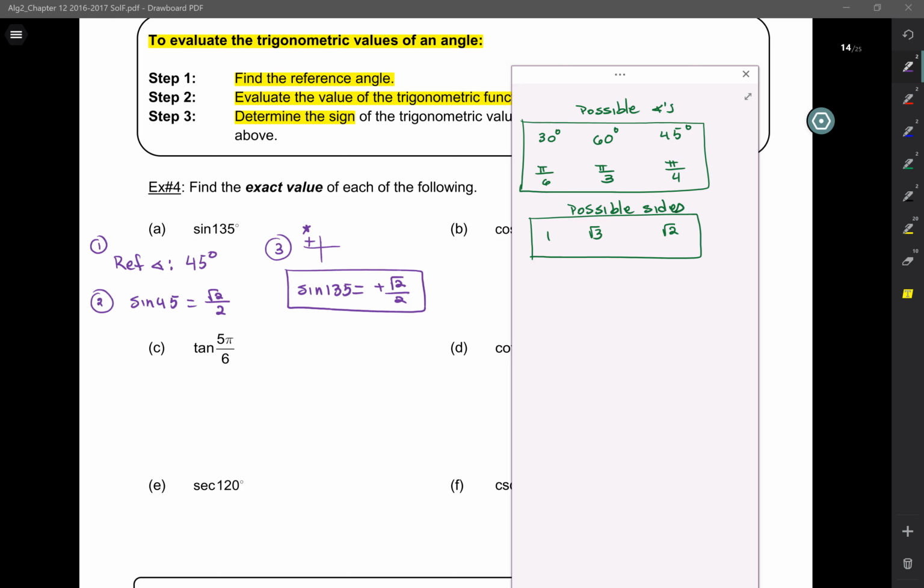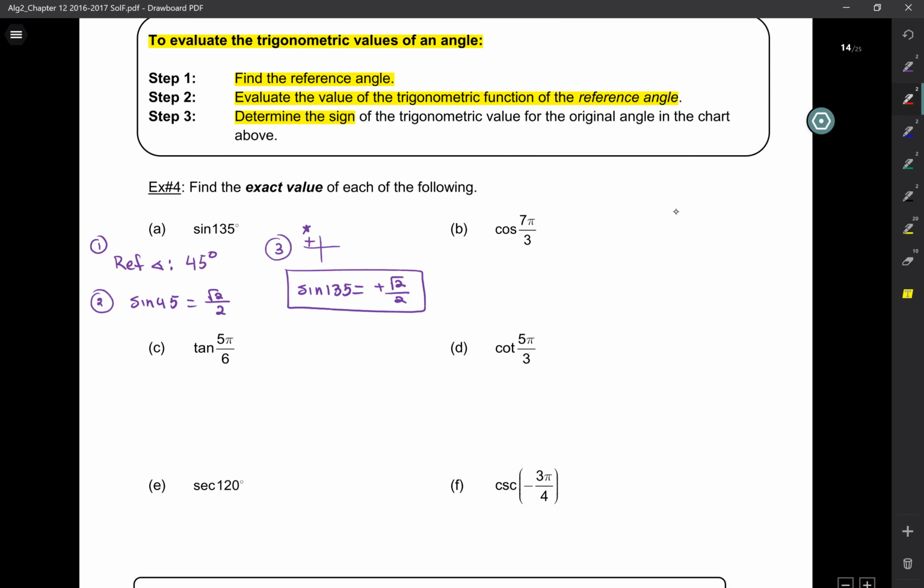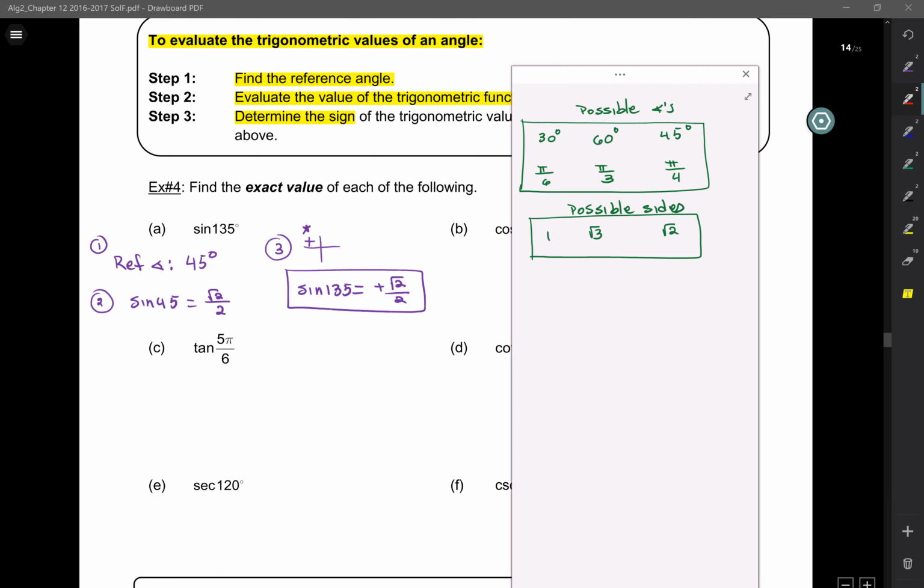Now, how are we going to use this? Let's just do a random one. If I need to find, let's say, the sine of 60 degrees. Between the 30 and the 60, is that the bigger or the smaller? That's the bigger. Does it face the bigger side or the smaller side? The bigger side. So what side would that be?